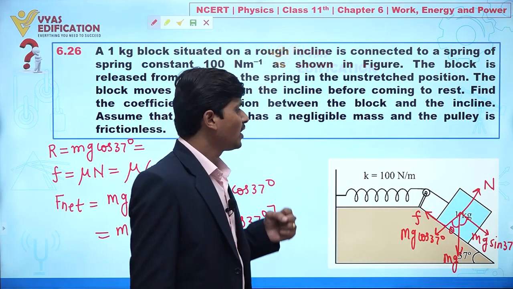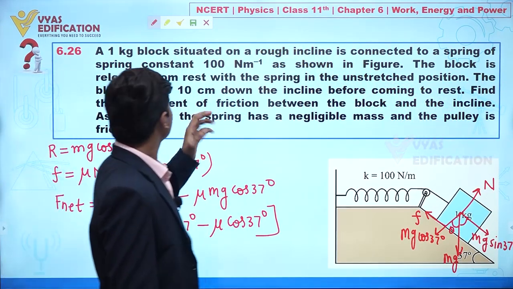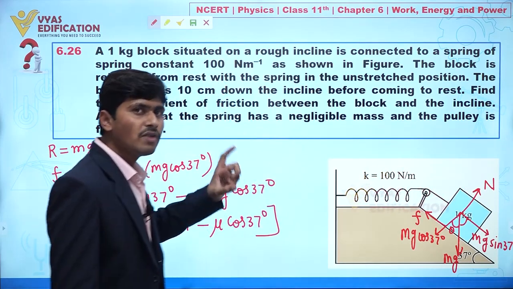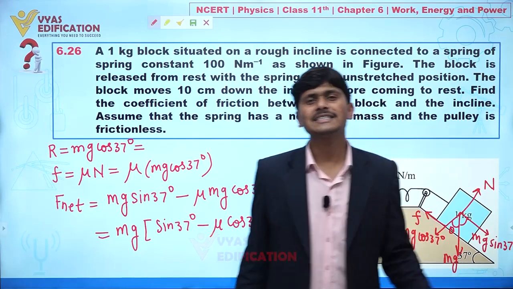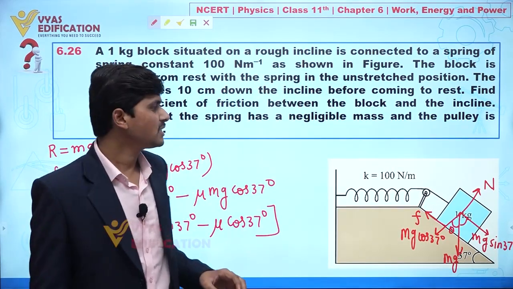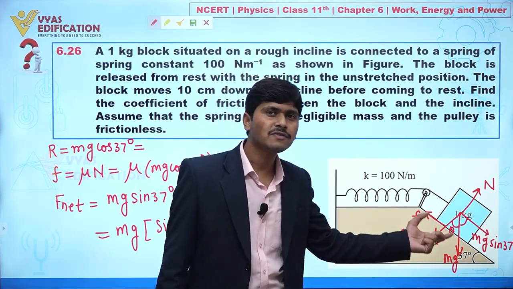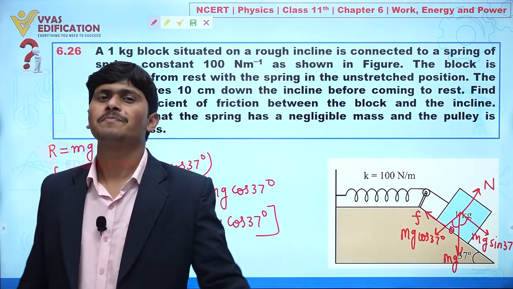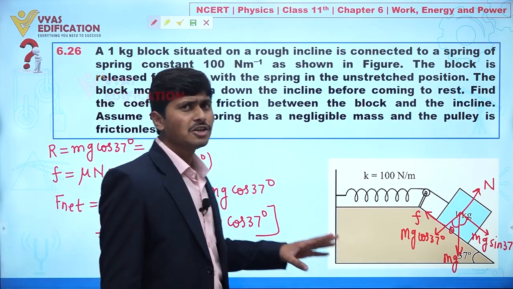Now the important part is that our objective is to calculate the coefficient of friction. Let's suppose the block moves a distance x, where x is the distance from the position where we release the block to the extreme position up to which the block goes.